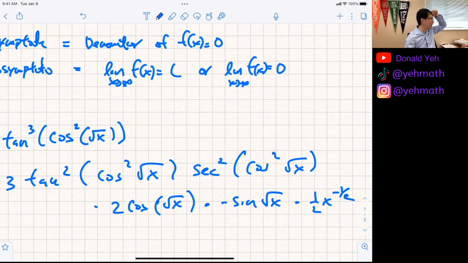You were probably trying to do product rule. Remember that cosine squared is also a square.